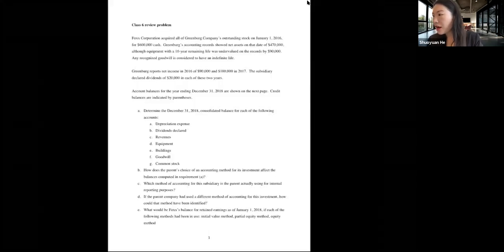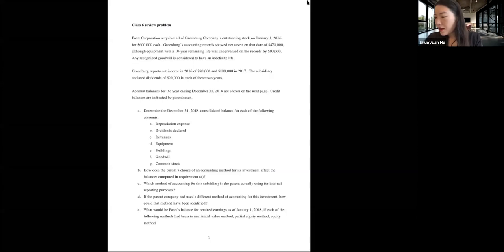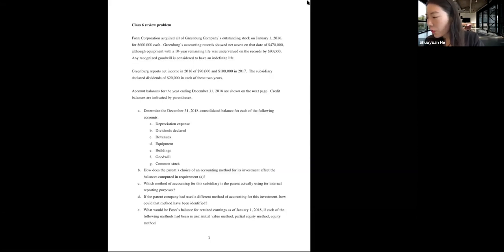Okay, so let's now look at this problem. Fox Corporation acquired all of Greenberg Company's outstanding stock on January 1st, 2016, for 600,000 in cash. So the consideration transferred here is 600,000 in cash.